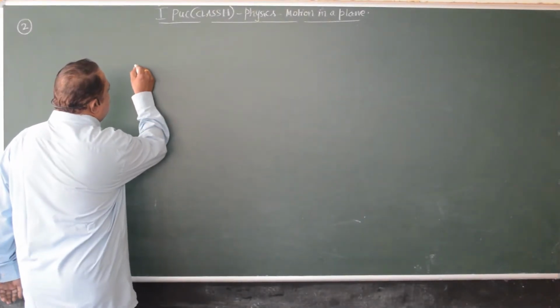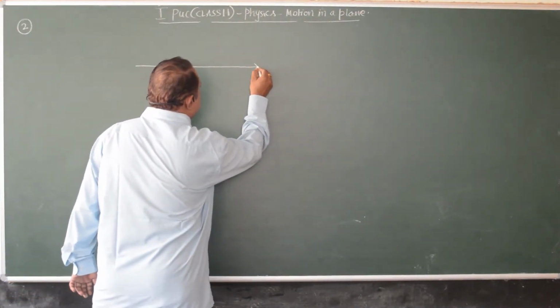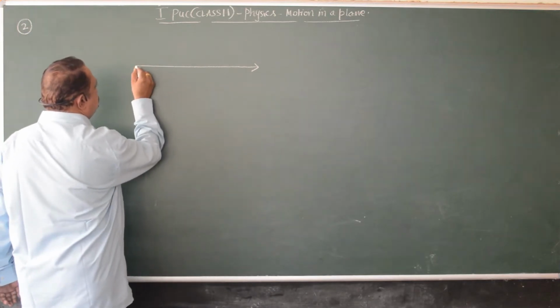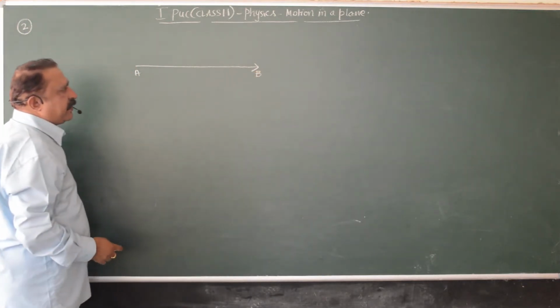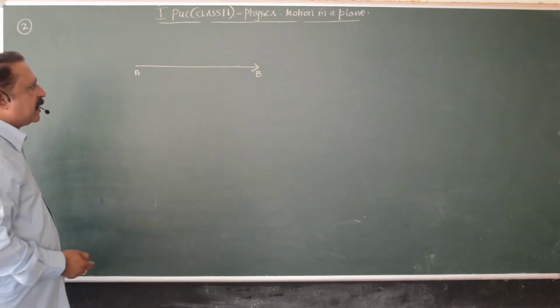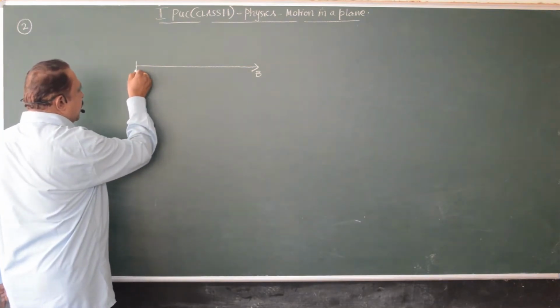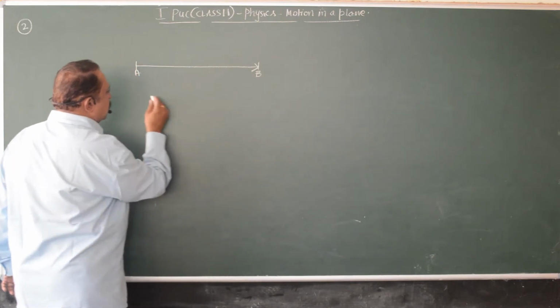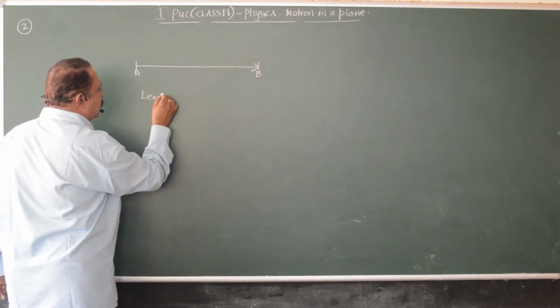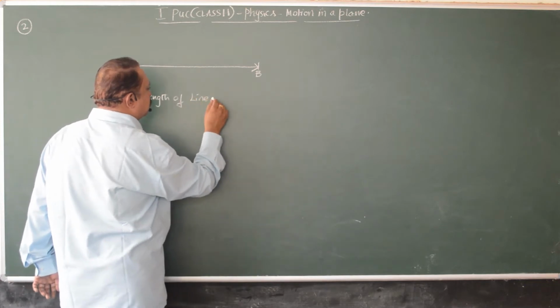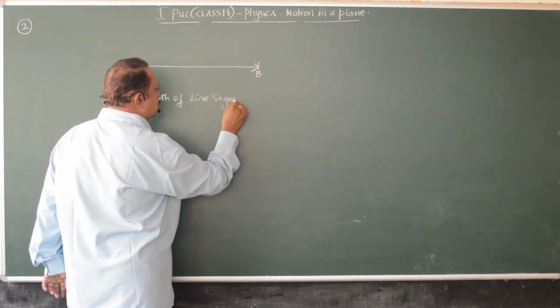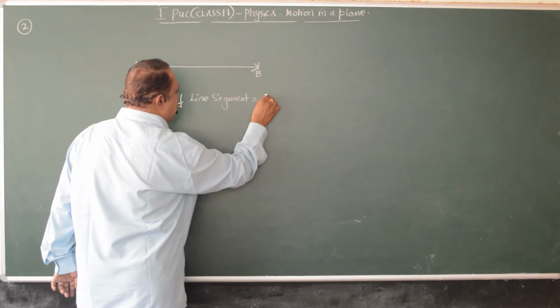See, a vector is represented by a directed line segment because a vector is completely defined in terms of magnitude and direction. The length of AB, the length of the line segment, is AB.